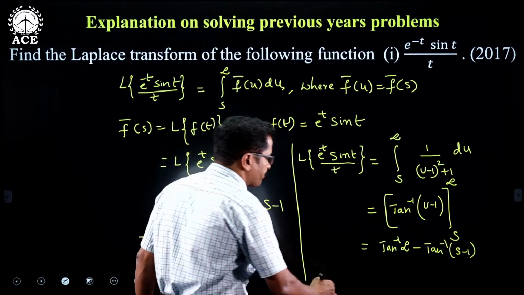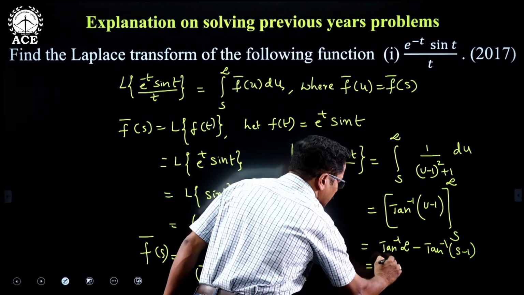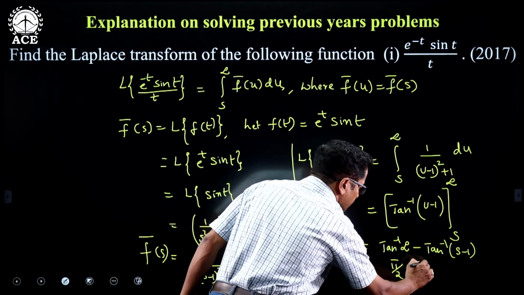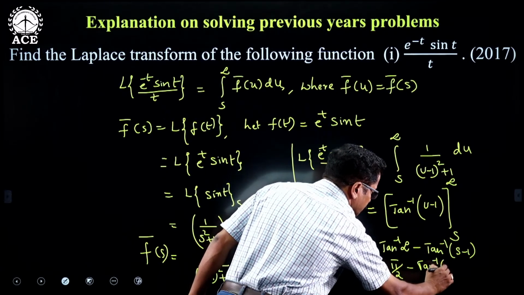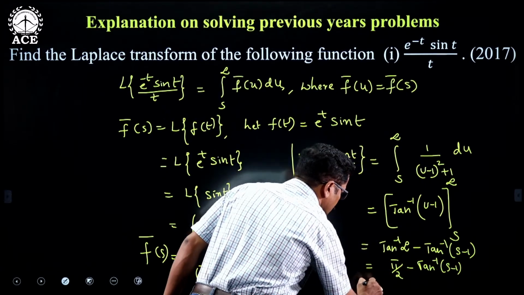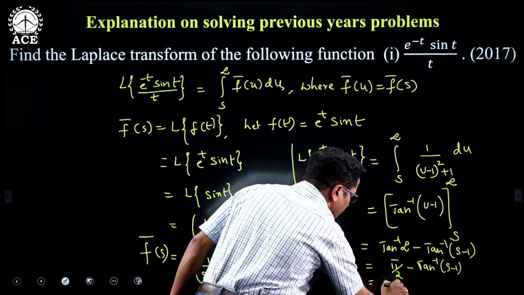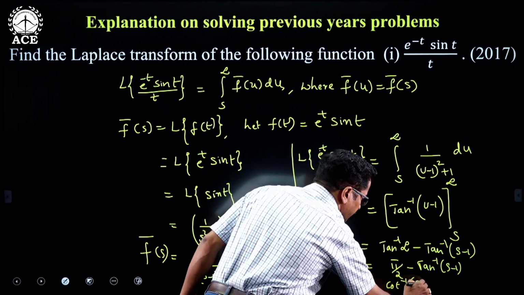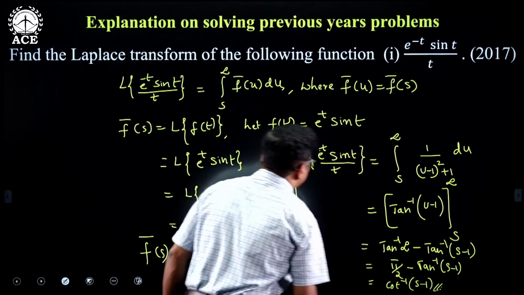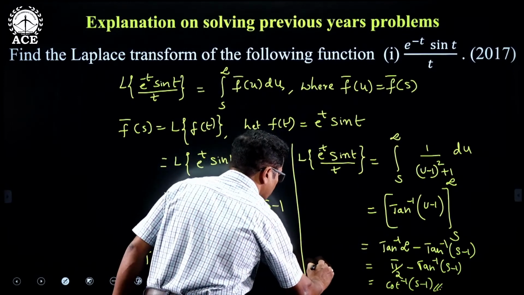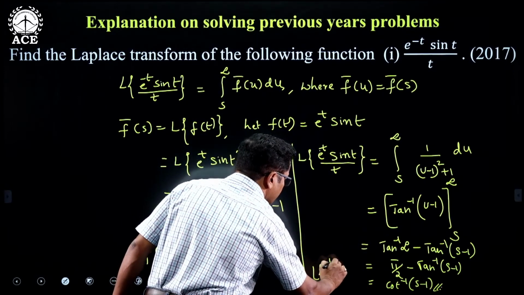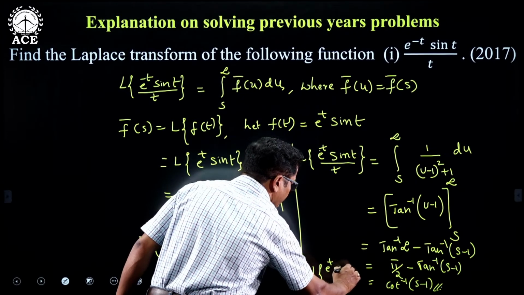Tan inverse infinity is pi by 2. So pi by 2 minus tan inverse of s minus 1 equals cot inverse of s minus 1. This is the Laplace transform of e power t sin t by t.